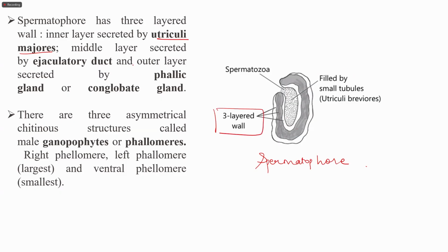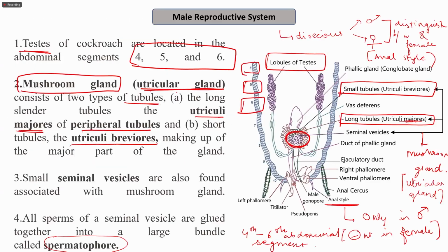The inner layer is secreted by the utriculi majoris, the middle layer is secreted by the ejaculatory duct, and the outer layer is secreted by the phallic gland, or the conglobate gland. You can see here the different glands and ducts that are present.